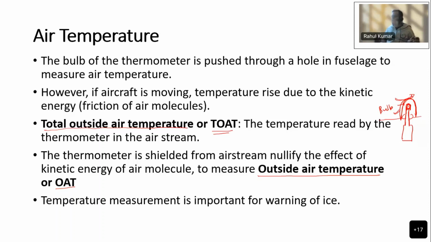Now for aircraft, temperature measurement is important because it warns about the ice formation, that is warning of ice, right, which may be due to the moisture deposition, and when the aircraft is flying at high altitude, that moisture or those water droplets freeze and they cause some problem if they freeze within some critical parts of the aircraft.